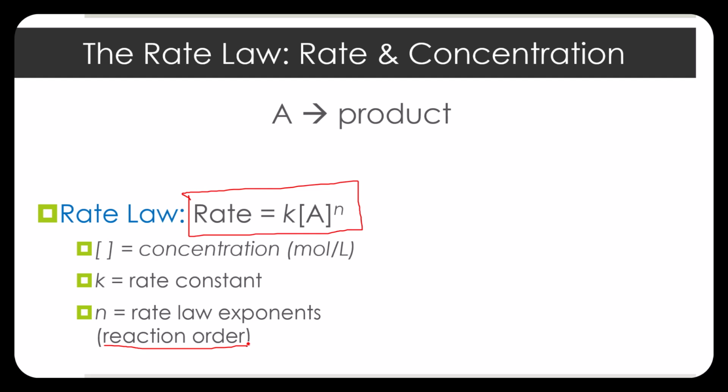Is there just a little bit of dependence, where we see a big change in concentration, but it only speeds up a little bit? Or is there absolutely no relationship, where I increase the amount of reactants and nothing changes? So that's what the reaction order is going to tell us: how rate depends on concentration.